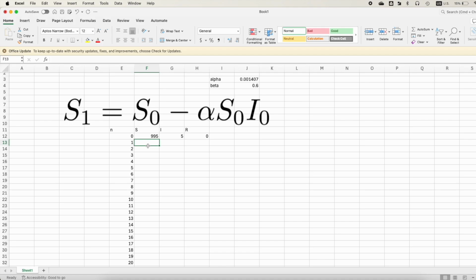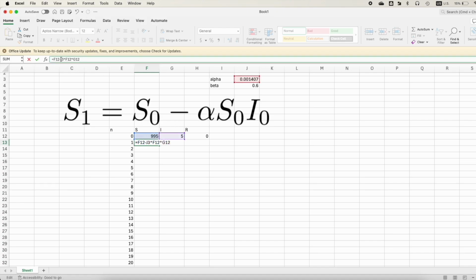For S sub 1, we're going to use the difference equation formula for S. So this is equal to S0, which is 995, minus alpha times S0 times I0. And then you need to make sure that the parameters stay put throughout all the calculations.